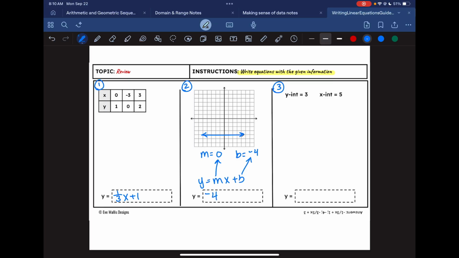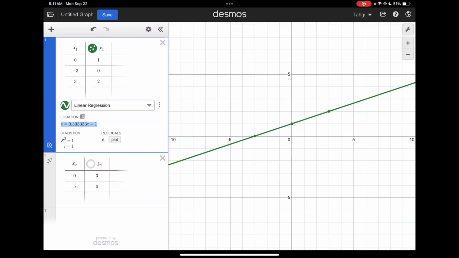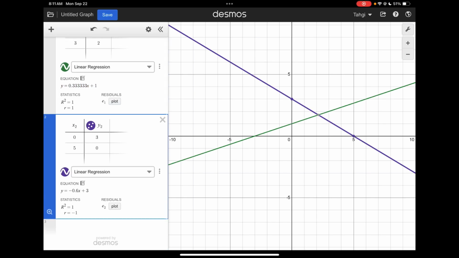And then for number 3, we have a y-intercept of 3, which as a point is (0, 3), and then our x-intercept is 5, which is (5, 0). I can take those 2 points, put them in Desmos, and get an equation. So let's do that right here. I'm going to hit the dots on the side, and my equation is right there.